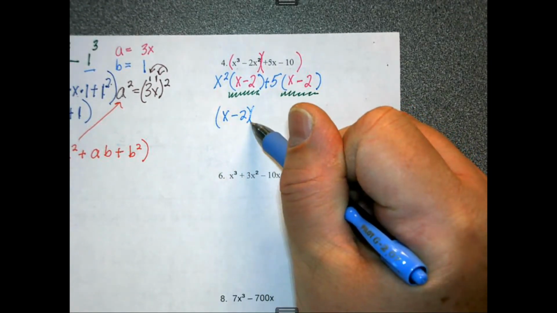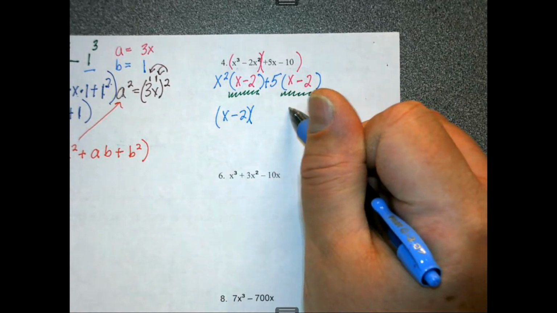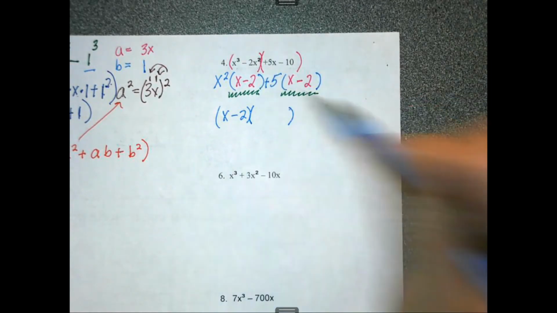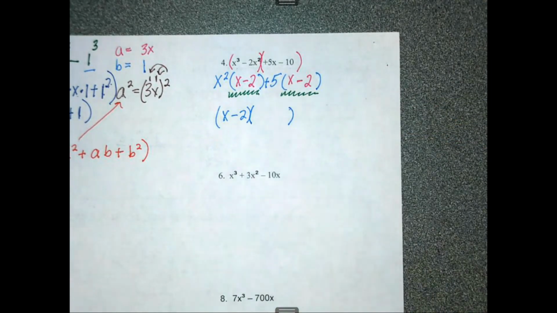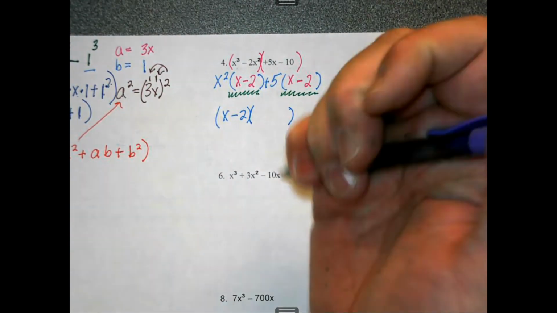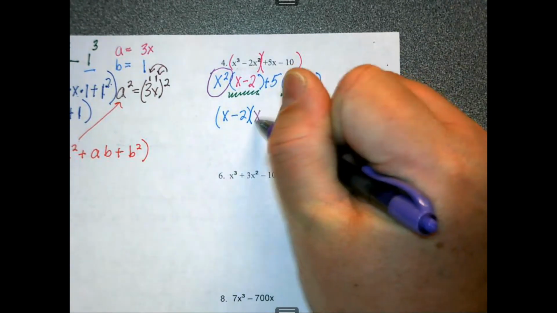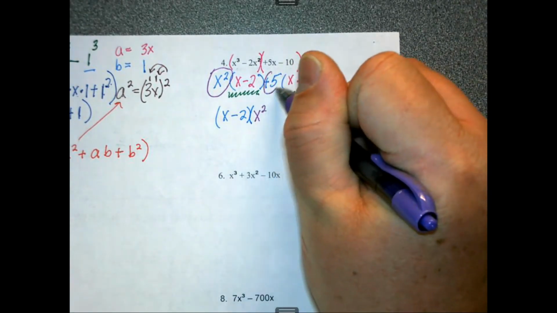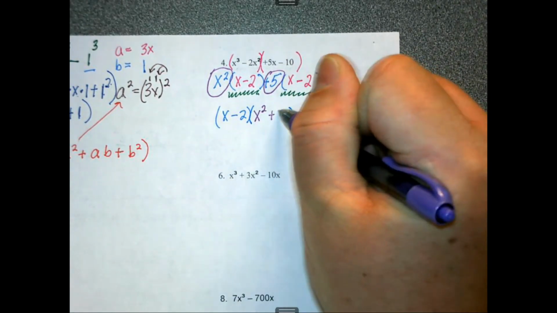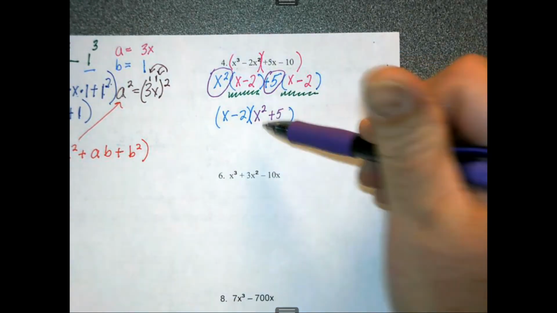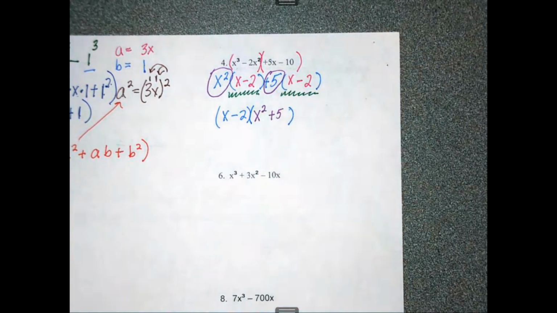Here's what I have for the other factor, what's left over. What do I have left over? That's it. X squared and the plus 5. There's my answer. I can't factor any further, so this is my answer.